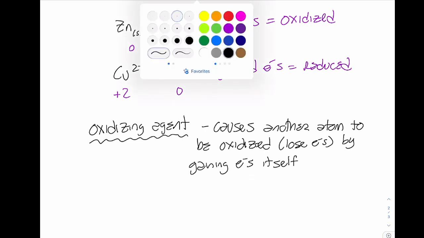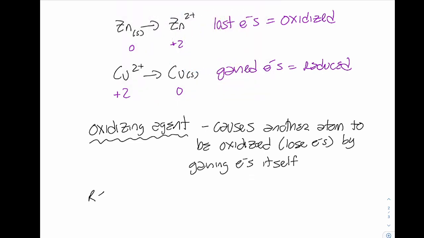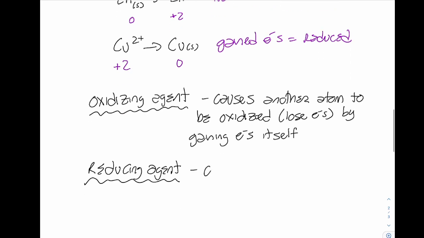And then the reducing agent, just the opposite. It's the agent for reduction. It's not being reduced, it's causing a reduction. So it causes another atom to be reduced. It's the agent for reduction.